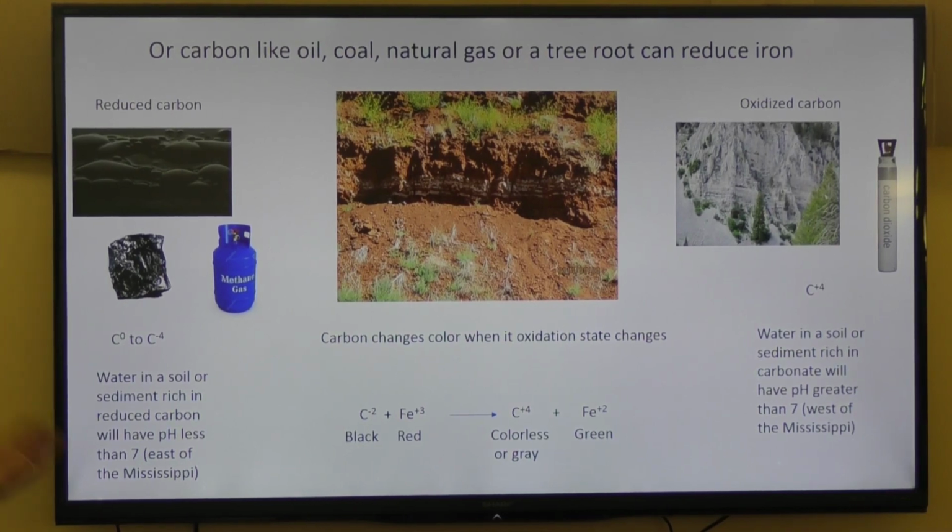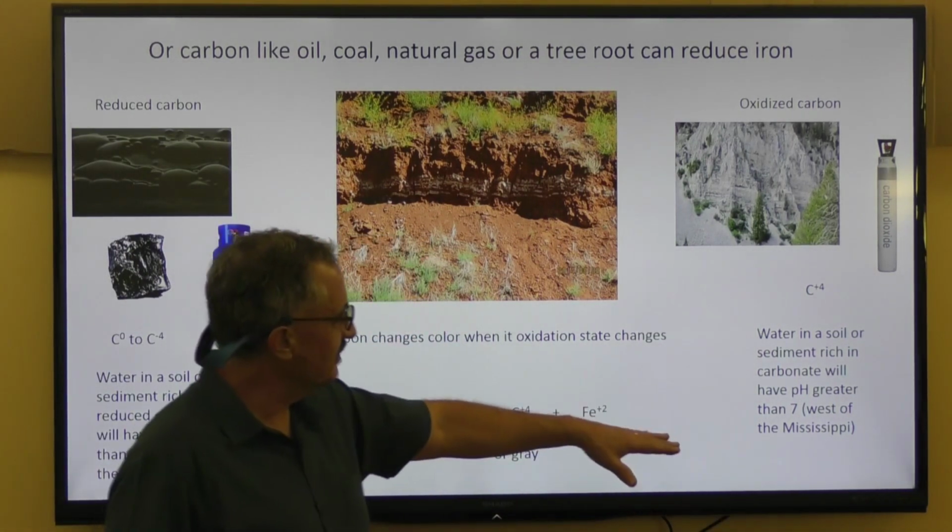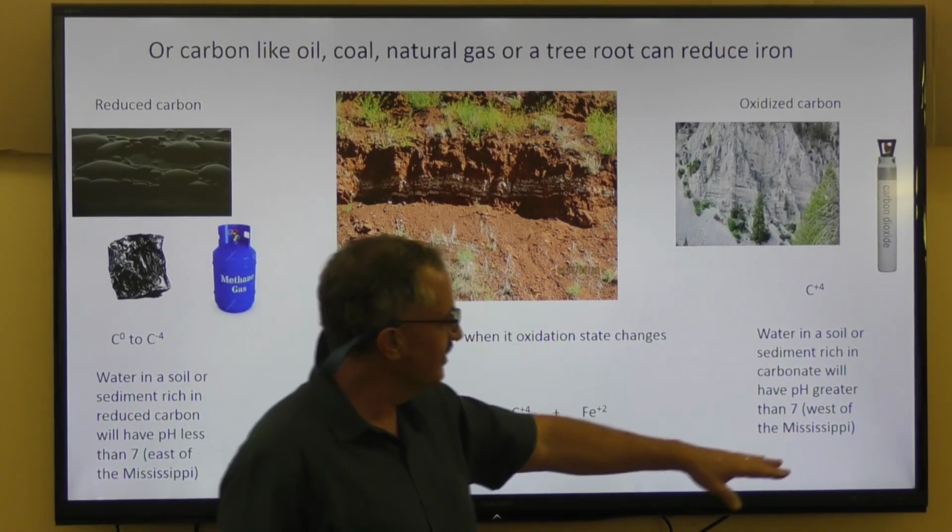And so they might add limestone to their soil if they determined that they would prefer to have the pH at 7. They might also put tiling in their whole field to drain it, which you can imagine is very expensive.